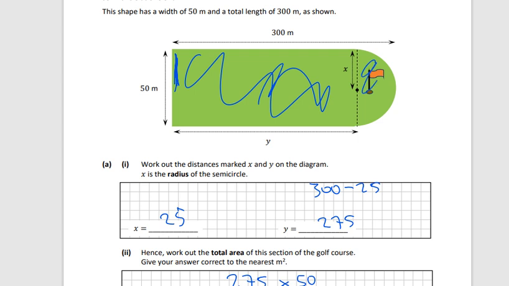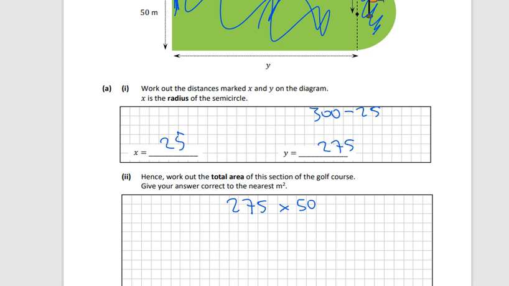And for the semicircle, we have to use the formula for area of a circle. That's pi r squared, but because it's only half a circle, we're going to do a half times pi r squared. So that's a half times pi times the radius, 25, squared. We could just do pi r squared and divide it by 2 at the end, same thing.